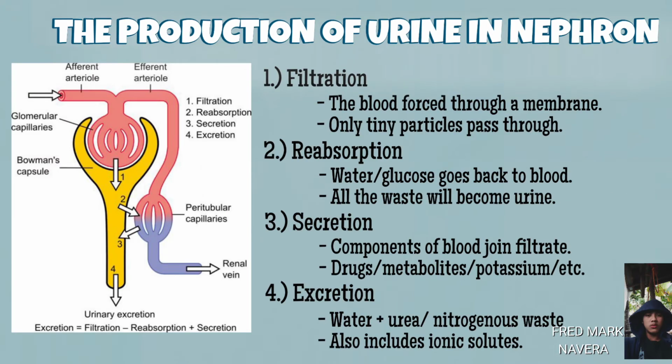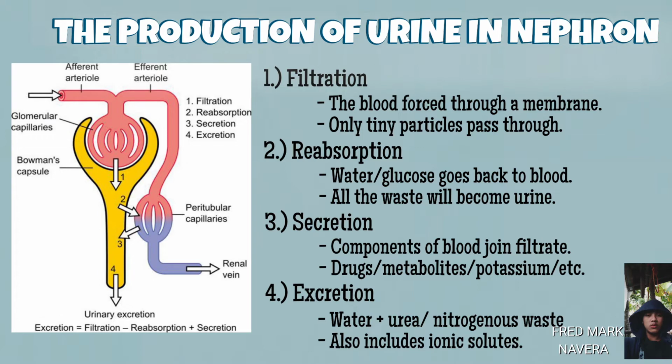So the question here is, papaano nga ba exactly napoproduce yung urine o yung ihi natin? So the answer is, this is a 3-step process. It begins with filtration. Okay? Itong filtration na ito ay nangyayari sa renal corpuscle. So in filtration, the blood is forced through a filtration membrane into the glomerular capsule.